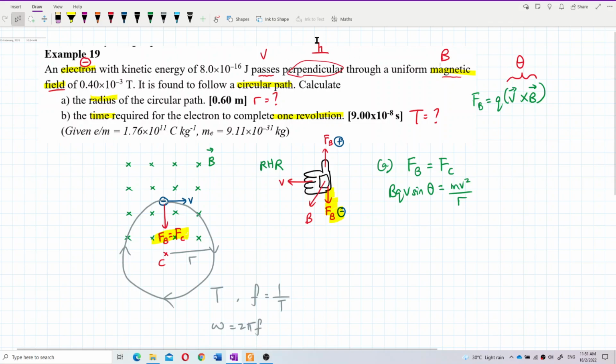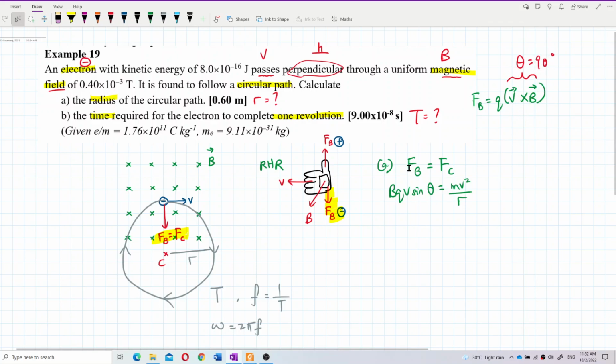So the angle between velocity and magnetic field is the perpendicular angle. So we got the theta: theta is 90 degrees between velocity and magnetic field.